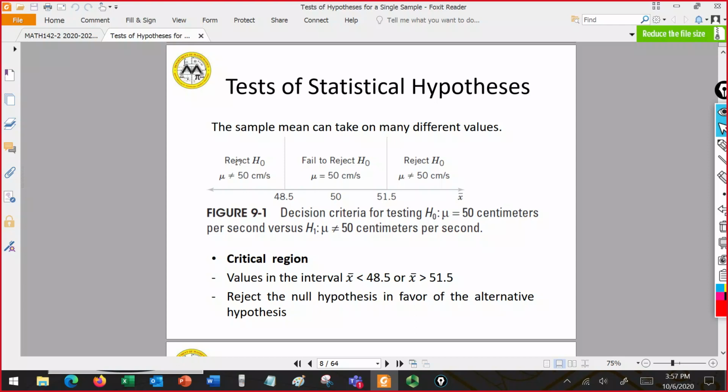Masyado na siyang mabagal. Same with, let's say, nag-compute ka ng sample mean, ang na-compute mo naman 52, lampas na siya ng 51.5, masyado namang mabilis. So it can no longer be accepted as statistically equal to 50.